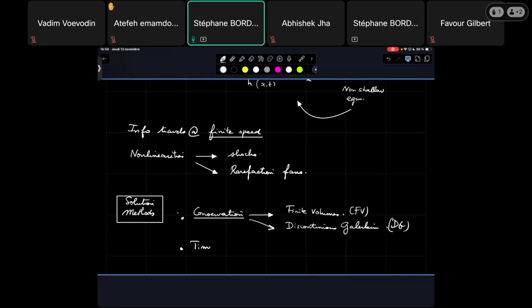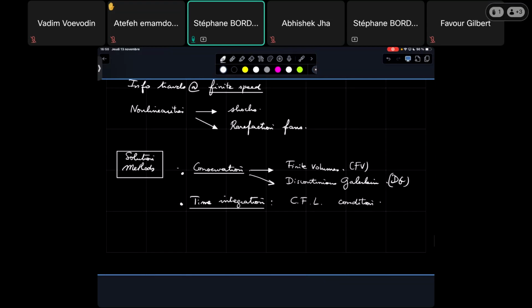And for time integration, I'm not going to give you all the things you need to know, but all you need to know is that you need to satisfy the CFL condition, which is the Courant-Friedrichs-Lewy condition.